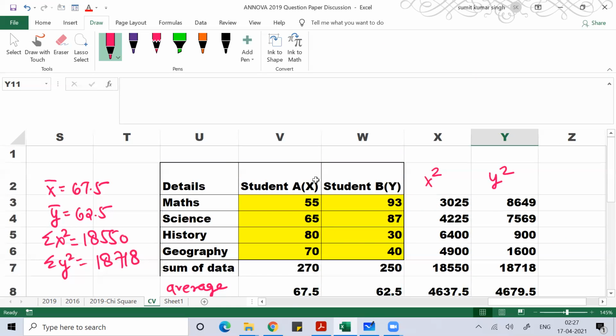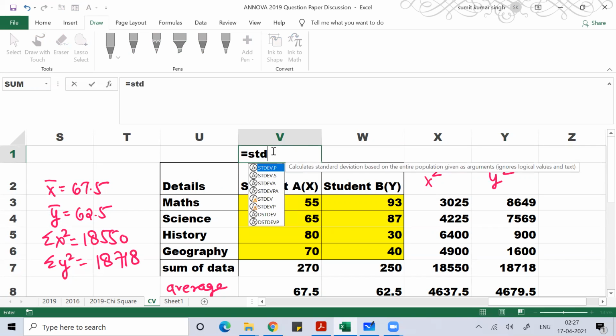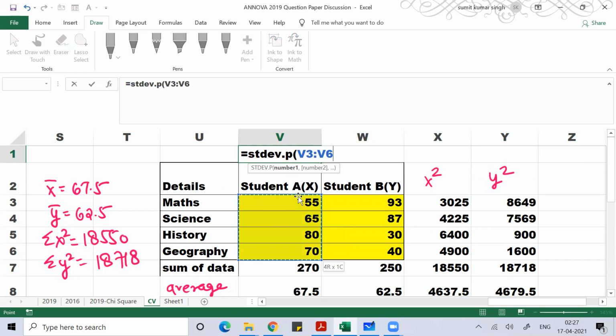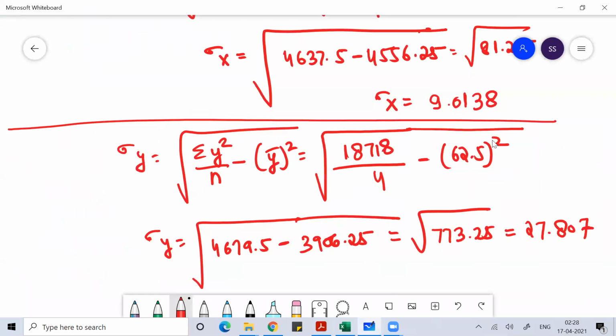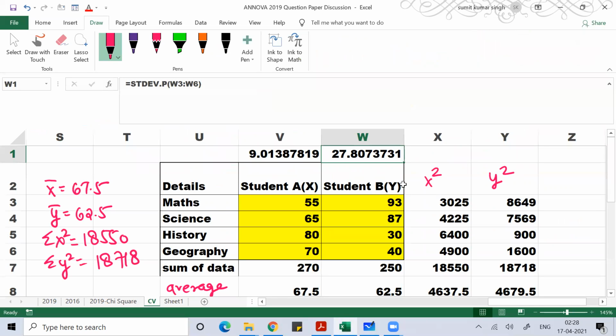This all could have been done by using the direct formula. You could have got the answer: 9.013 and standard deviation of 27.807.